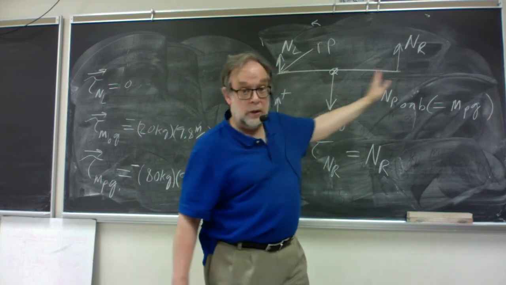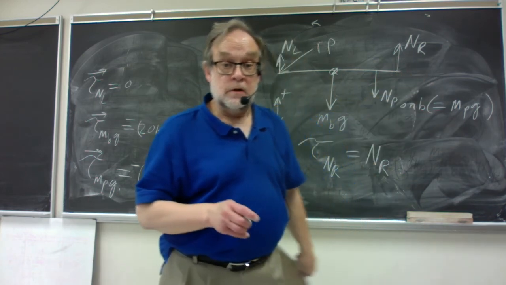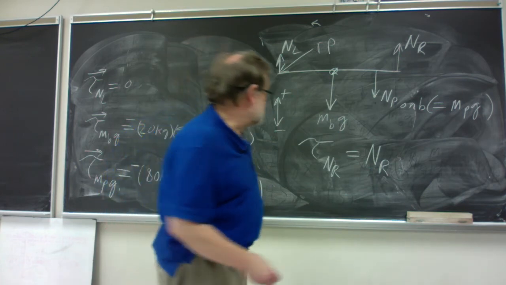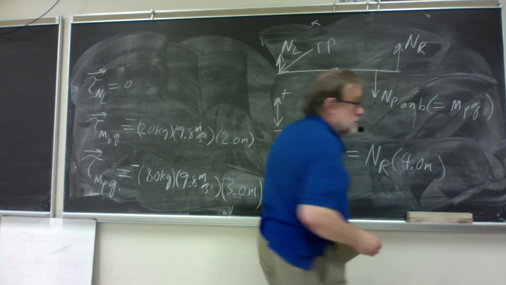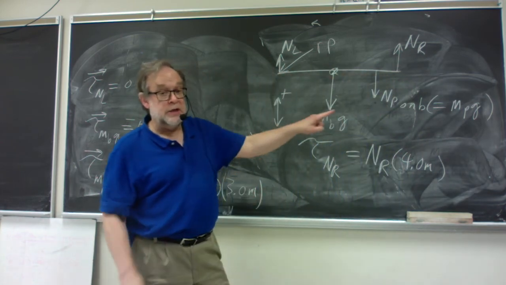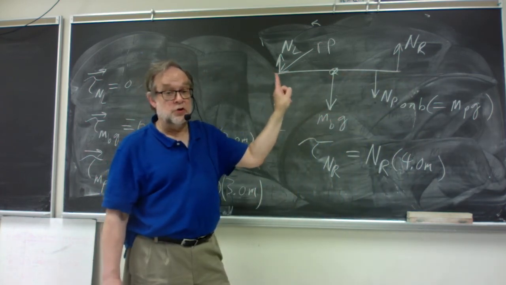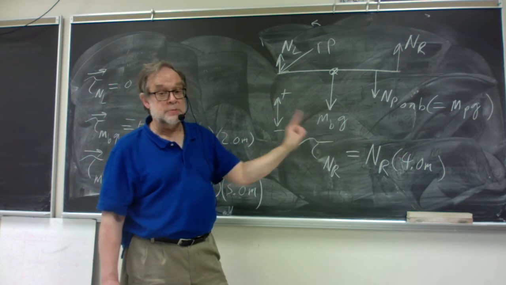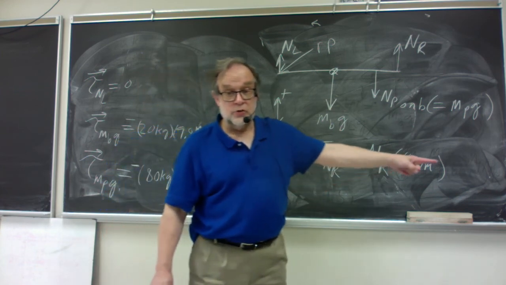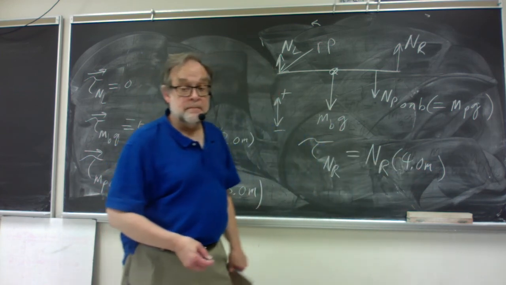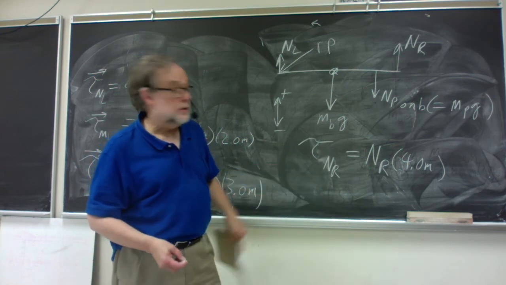That's the whole length of the board, 4 meters. And just like in every other case, the displacement is horizontal and the force is vertical. So the angle between displacement and force is 90 degrees, and sine of 90 degrees is 1. So the last factor in this equation is 1. So that's it for the magnitude.